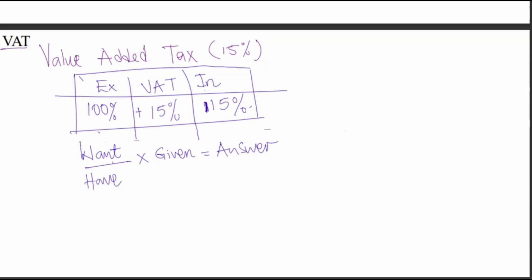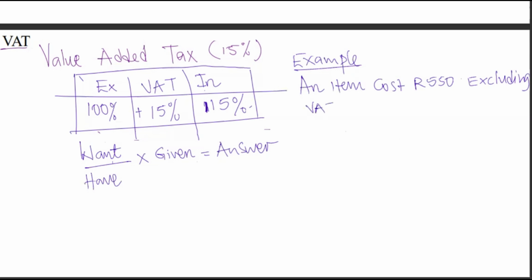What do I mean? For example, let's write here an example. An item costs 550 rands, 550 rands, excluding VAT.